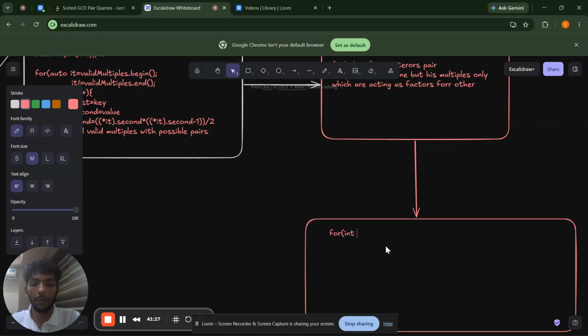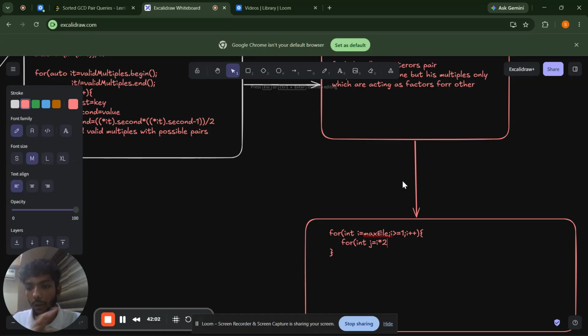For int i equals max, i greater than or equal to 1, because 1 is also a possible candidate for someone. Let it however be 1, but 1 is a possible candidate. For int j, now j are the competitors of this i. j cannot start with i, because i would become a competitor of myself.